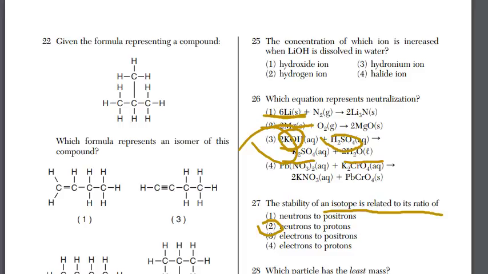However, as more and more protons are added to an atom, eventually, because they're all the same charge, even though nature throws neutrons to space them out, they become radioactive. So again, the stability is based on this ratio. All right, a couple more to go.